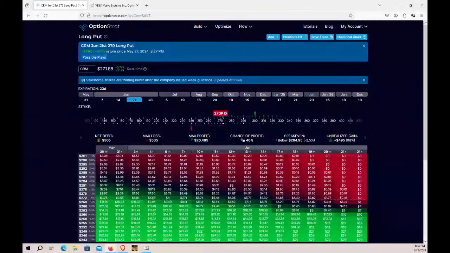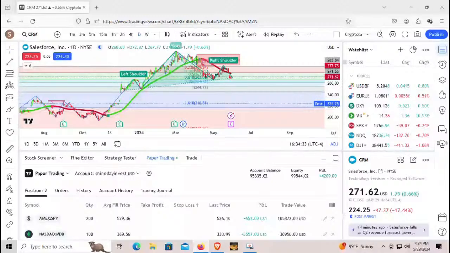I didn't put any notes in this one because I didn't write it down, but what I saw before this afternoon on a Webull chart was a head and shoulders pattern.